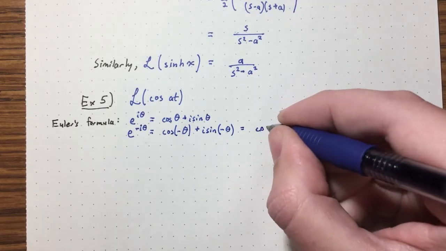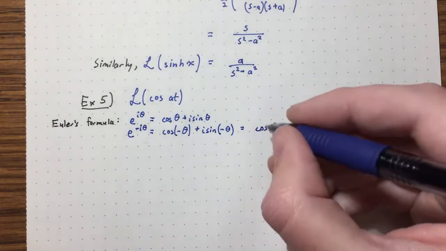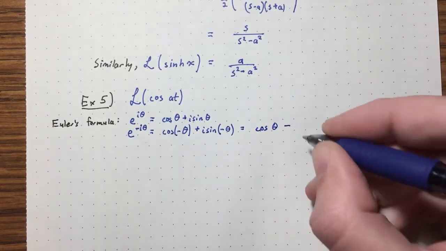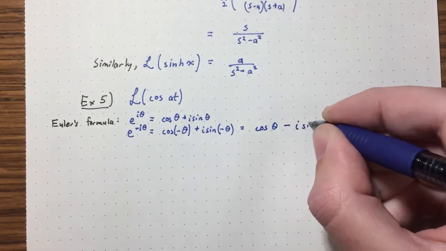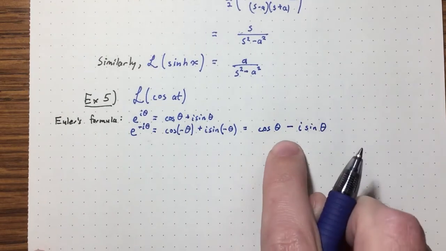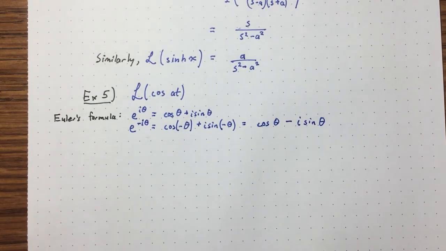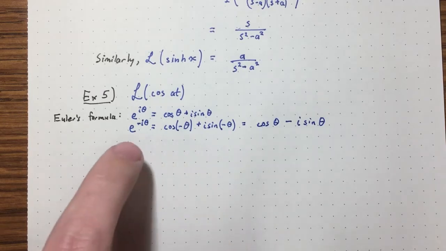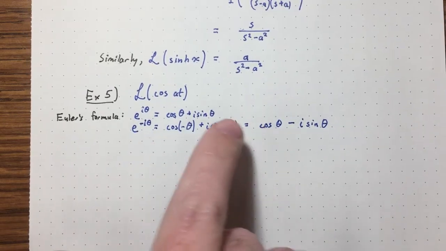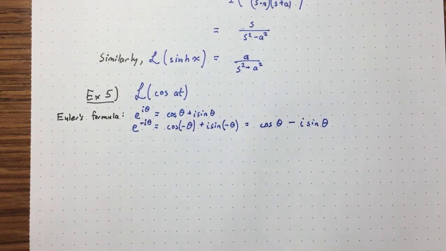Cosine of minus theta is just cosine of theta, because cosine is an even function. But sine of minus theta is minus sine of theta. So we get this actually. And now there's something really cool that you can do here. What if I add these two equations?